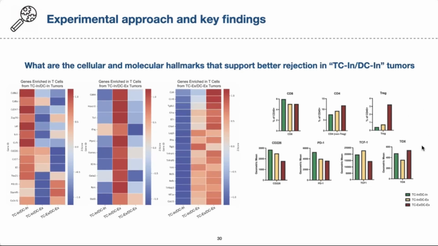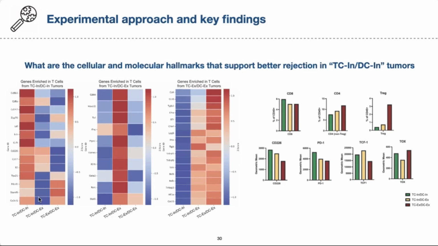So next we looked at sorted T cells from these pooled microtumors. And importantly, when we looked at these T cell infiltrated, dendritic cell infiltrated tumors, we saw a very strong signature of a CD8 effector or antitumor CD8 phenotype.